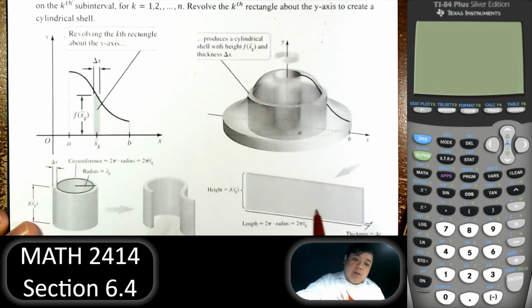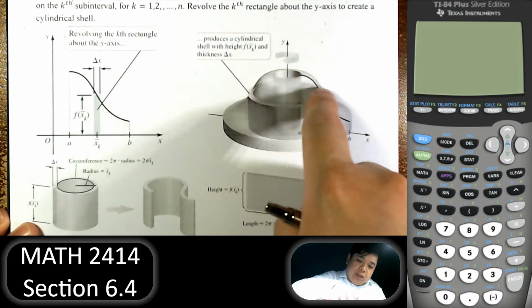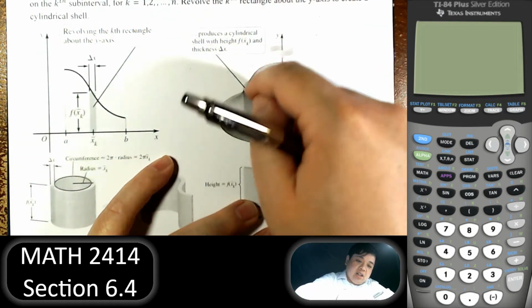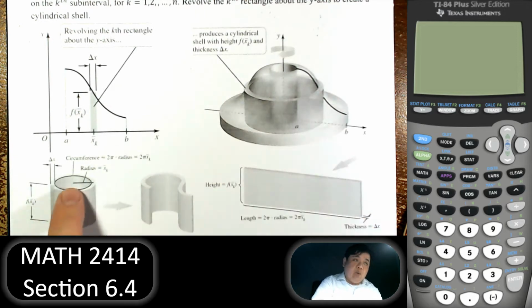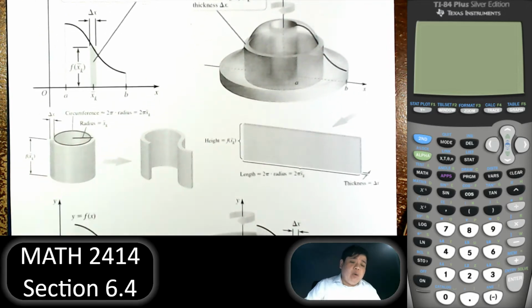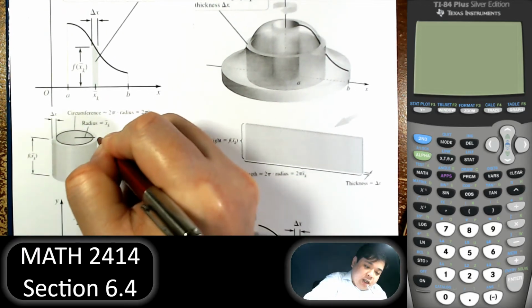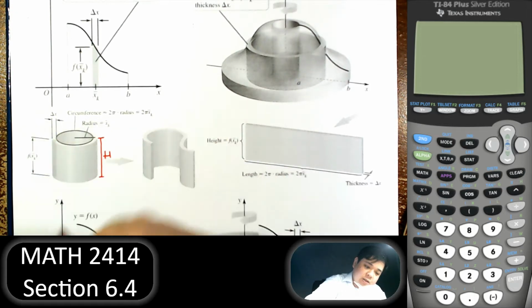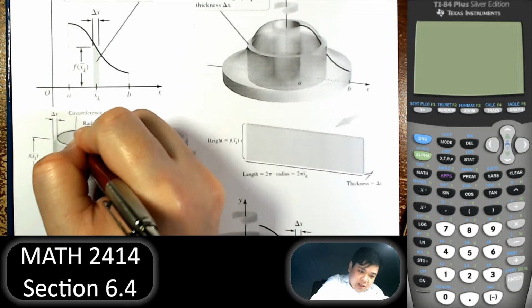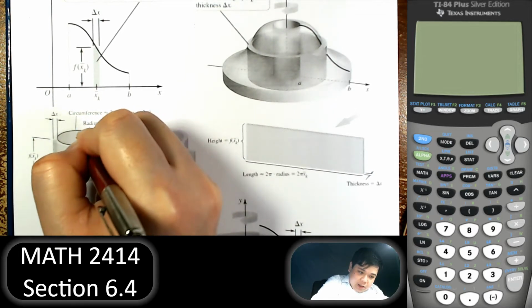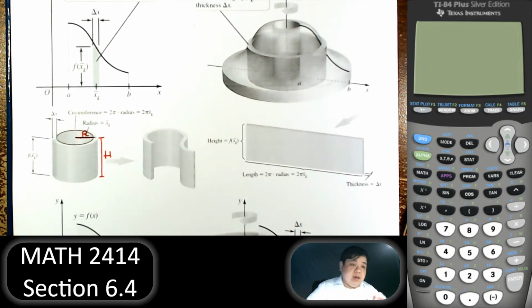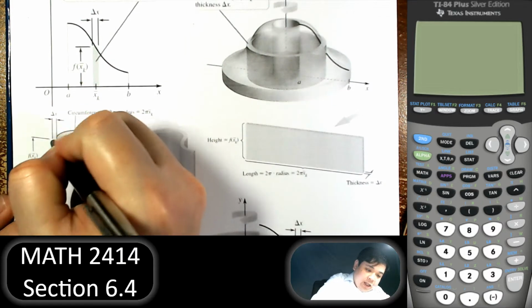So now consider, we slice, not slice, I should not use that word, we kind of take a layer out of it, and the layer of it will have the shape like this. So how do we find the volume of something like this? Notice for this one, what we have is the height of a shell, and then the radius, and what will be difficult to see because it's too small is the width.